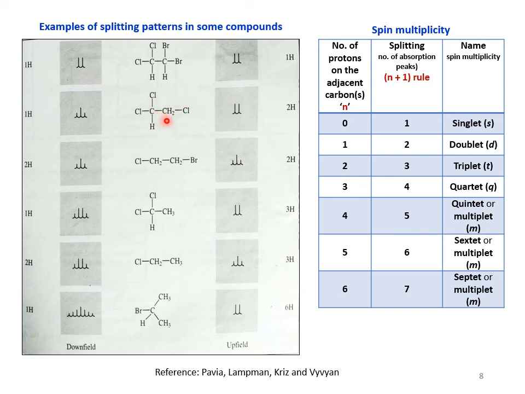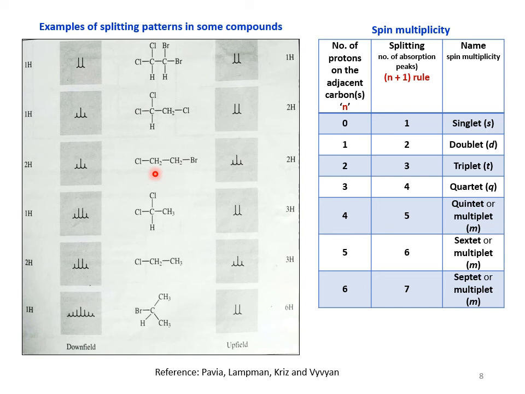So the signal for the methylene proton splits into a doublet, whereas the signal for the methine proton splits into a triplet, because this methine proton is present adjacent to the methylene carbon which has two hydrogens, therefore 2 plus 1 is 3, a triplet. And the methylene protons are shielded compared to this methine proton because it has one chlorine atom, whereas the methine proton has the carbon which is bonded to two chlorine atoms.